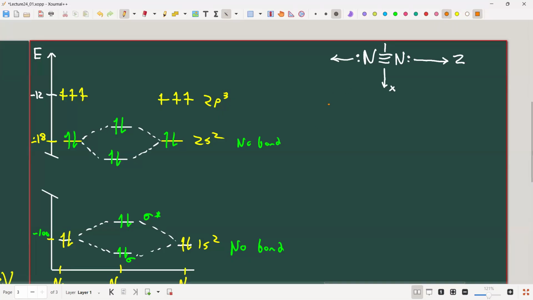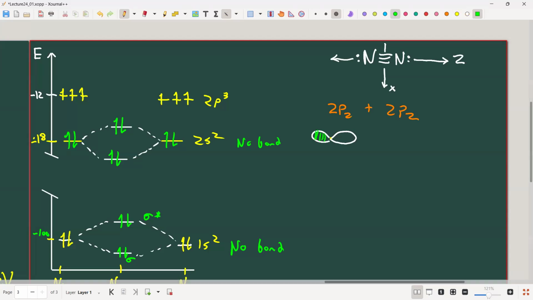Right, so let's first start with the easy ones, which are 2pz. Those are the orbitals that are lying along the bond axis in the nitrogens. So we're going to have a nitrogen atom with a p orbital in the z direction like this, where they are of opposite sign, right? Plus and minus.